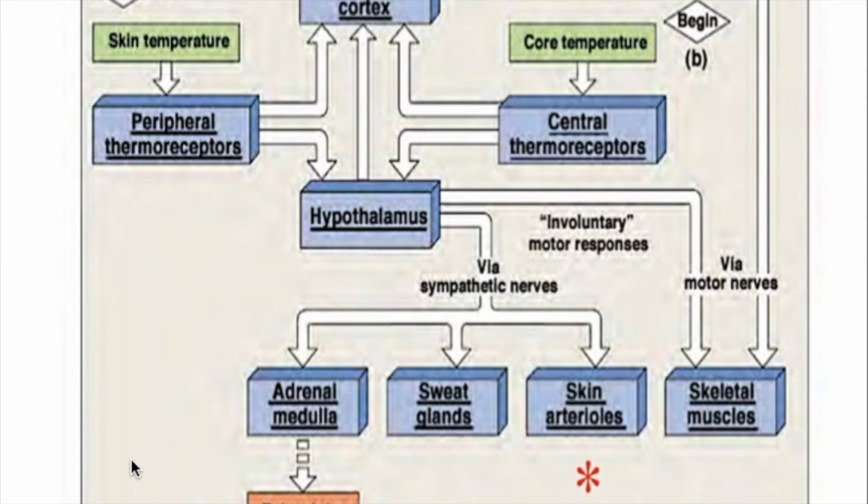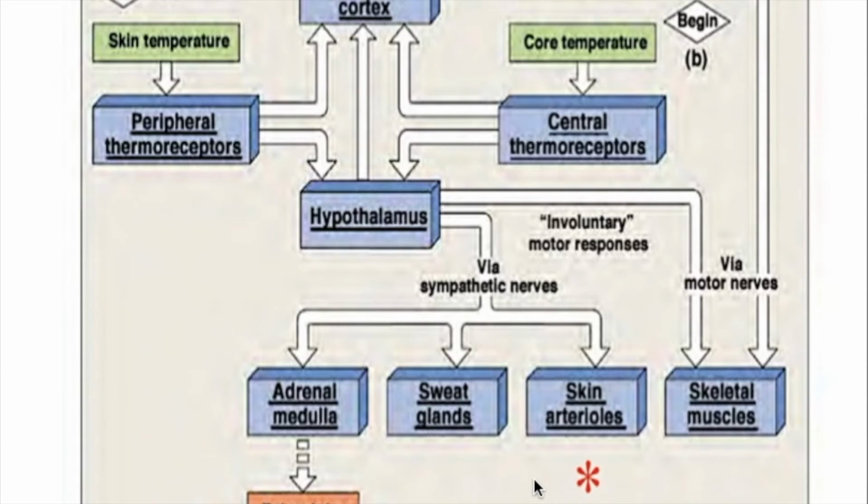The other effectors include the sweat glands, because the evaporation of sweat produces cooling of the skin. Then come the skin arterioles, which are responsible for altering the pattern of cutaneous circulation according to the body's need, whether it needs to get rid of heat or conserve heat.